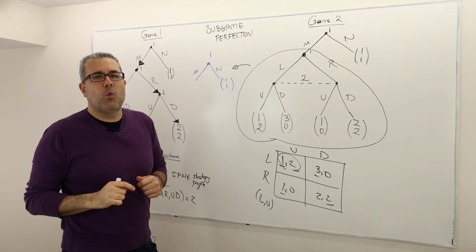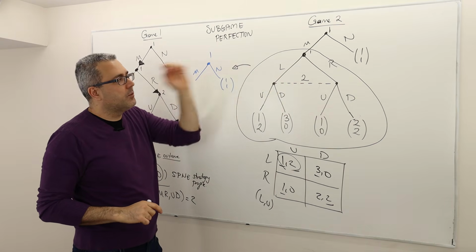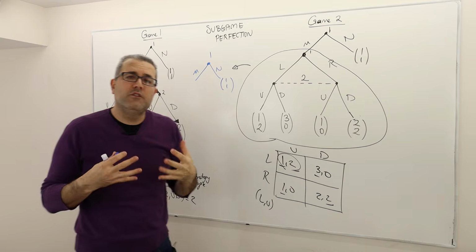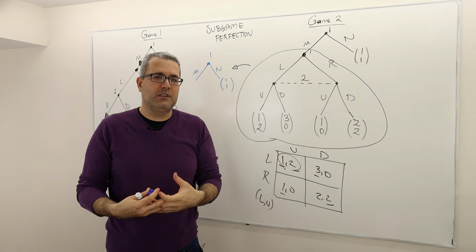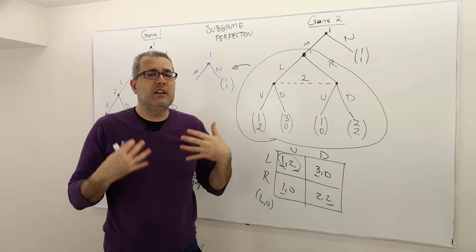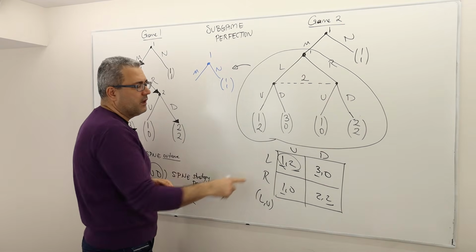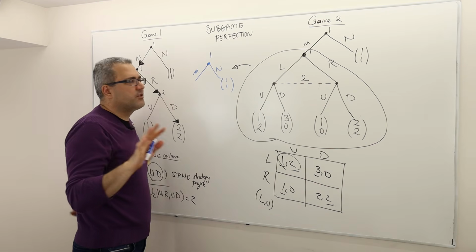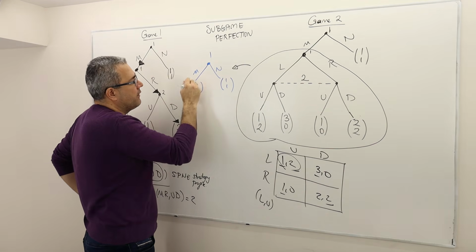If she chooses M, they're going to come up to this part of the game. And in this part of the game, we assume that the players are going to play their optimal strategies, by which we mean Nash equilibrium strategies. And there's only one Nash equilibrium here. Again, ignore mixed strategies. Well, it's LU, so that means payoff 1 and 2.